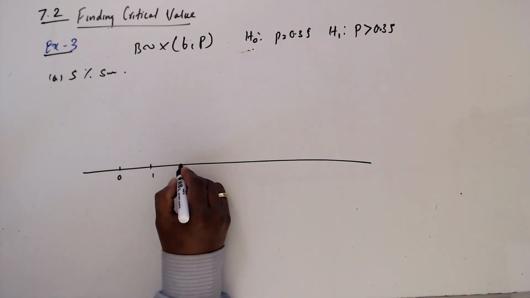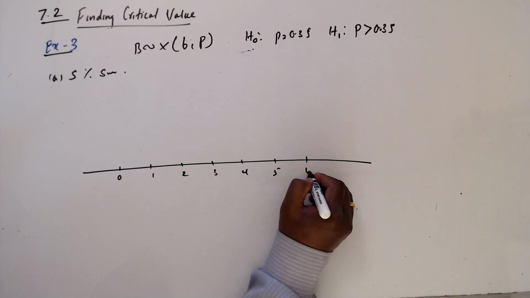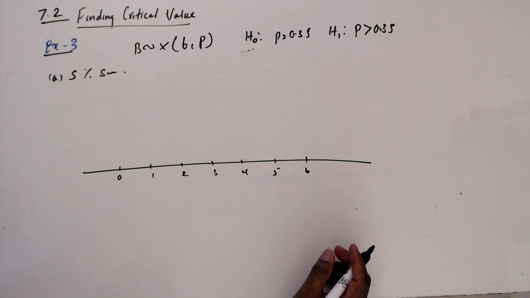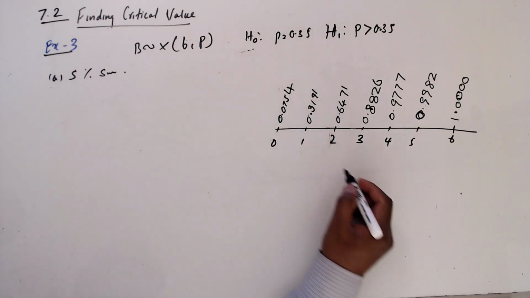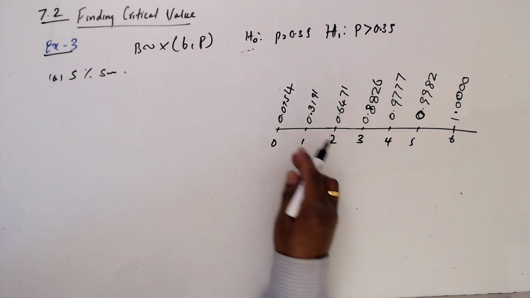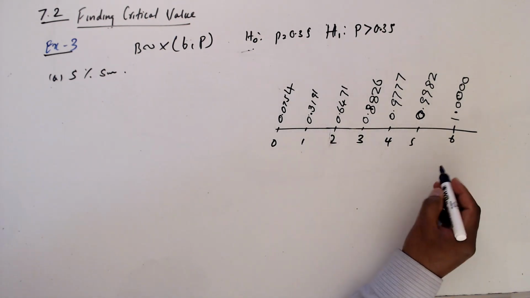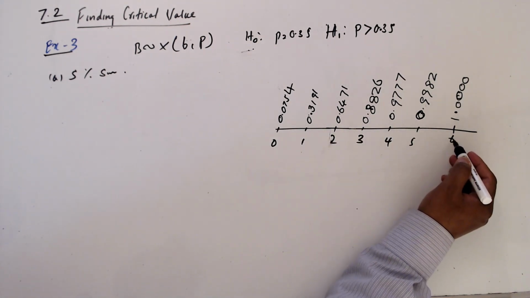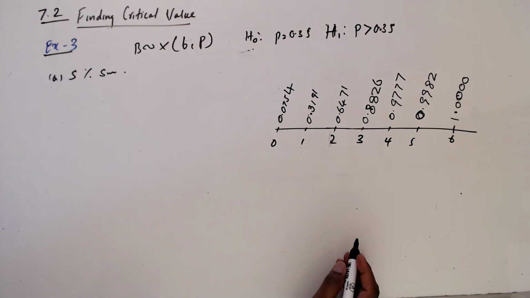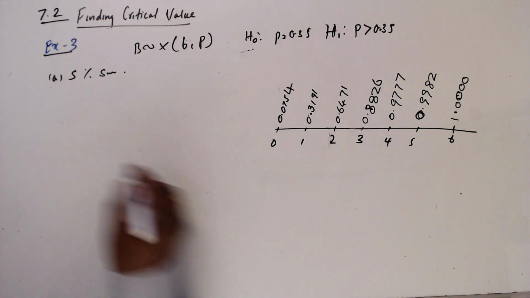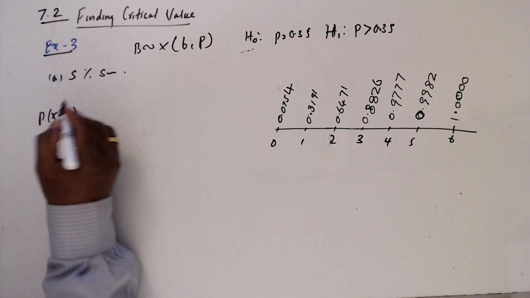0, 1, 2, 3, 4, 5, 6. So from the table, I jot down all the cumulative probability. So this is cumulative probability. So that's why when it comes to 6, it is 1. Now what is the probability of getting x equals 6?